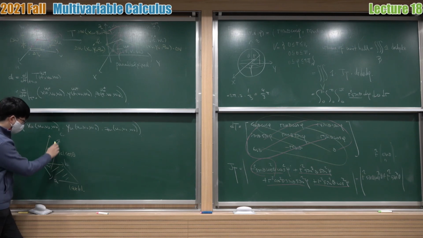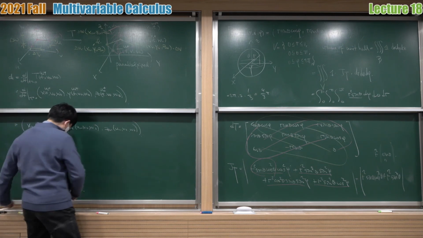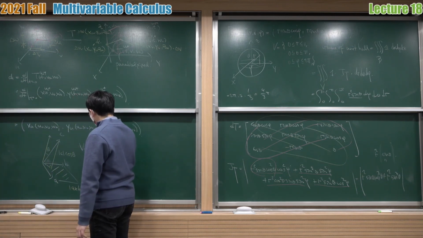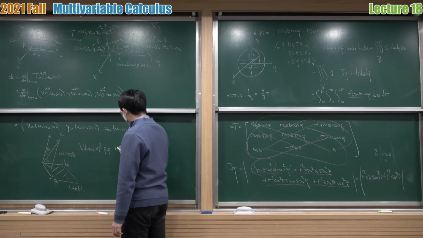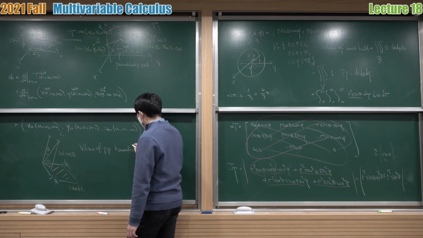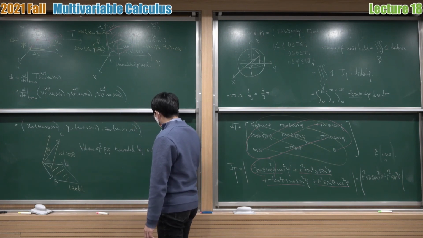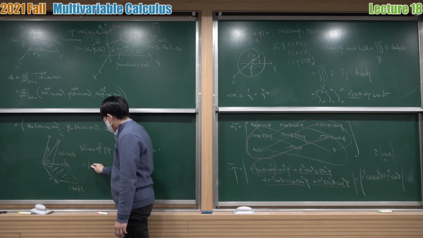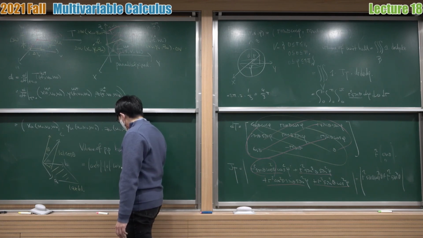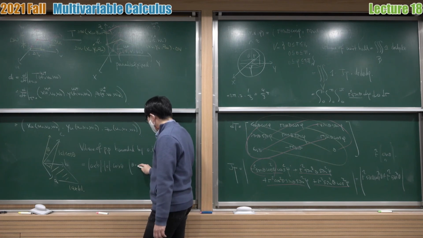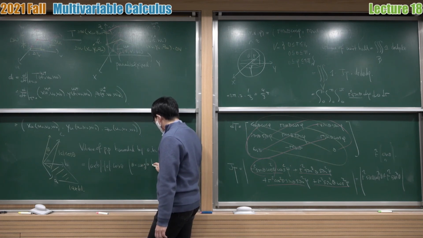So basically the volume of this parallelepiped bounded by A, B, C is the norm of A cross B times the norm of C times cosine theta, where theta is the angle between them.